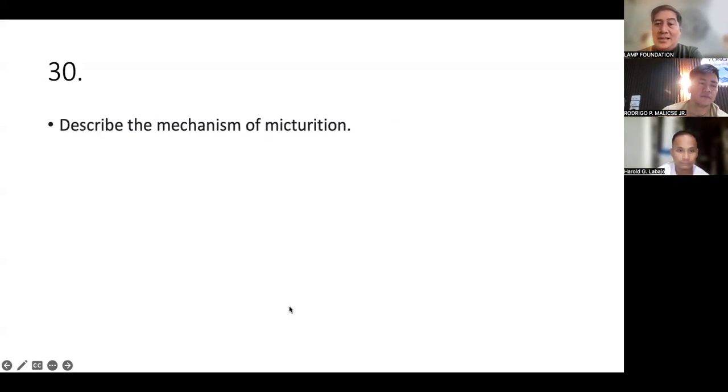Describe the mechanism of micturition. First, the bladder stretches as it fills to about 200 ml.